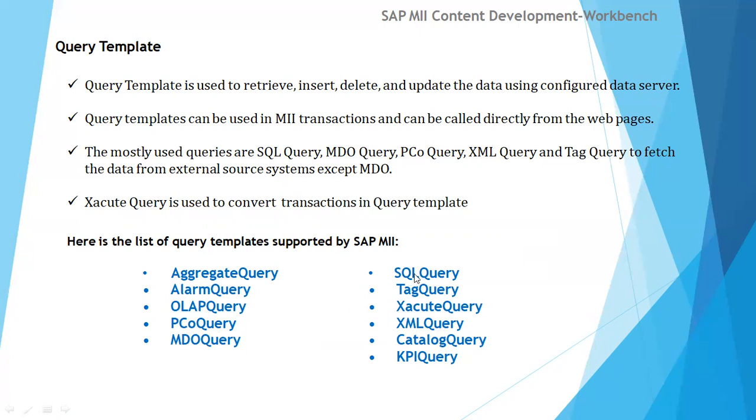I will go through each one when I come to the development, and I will show you how all these types of queries can be created and used in SAP MII.